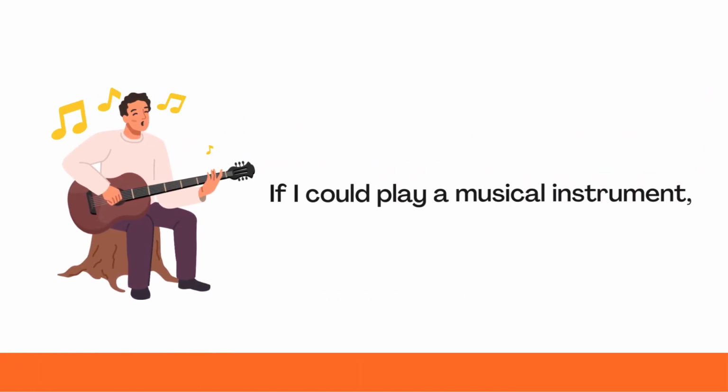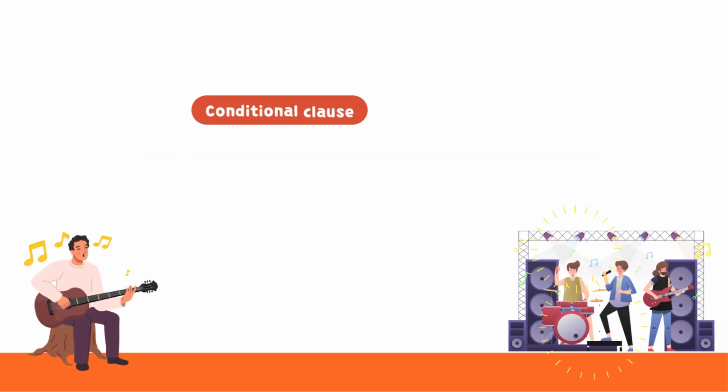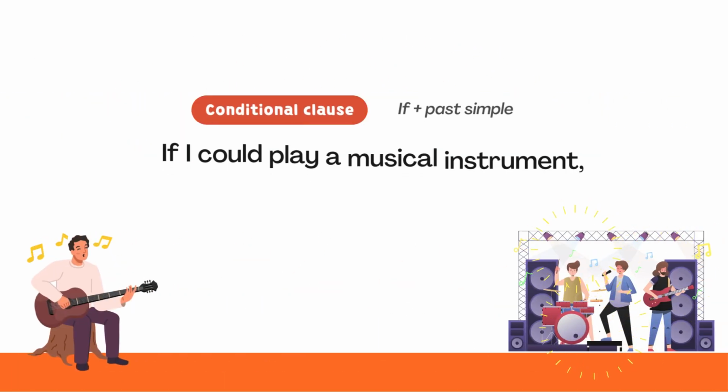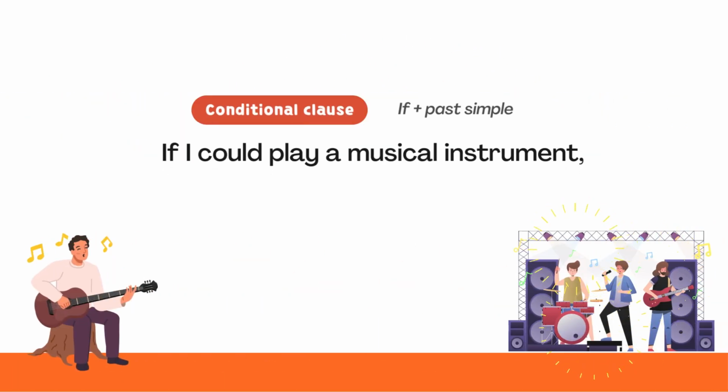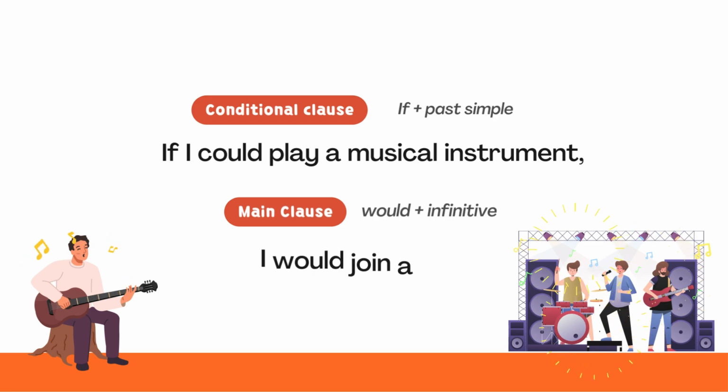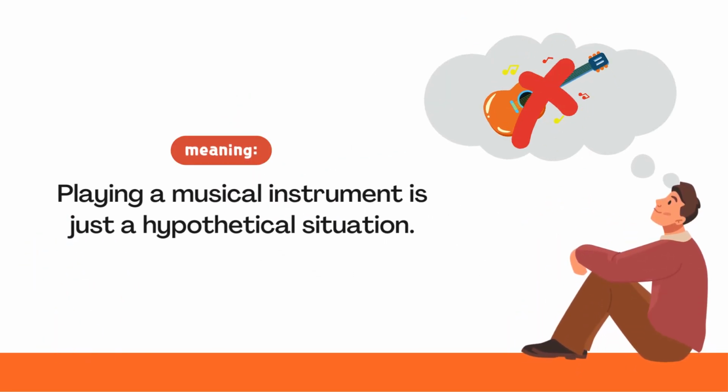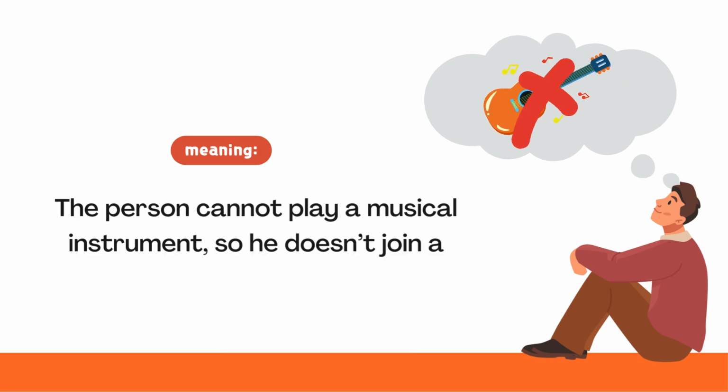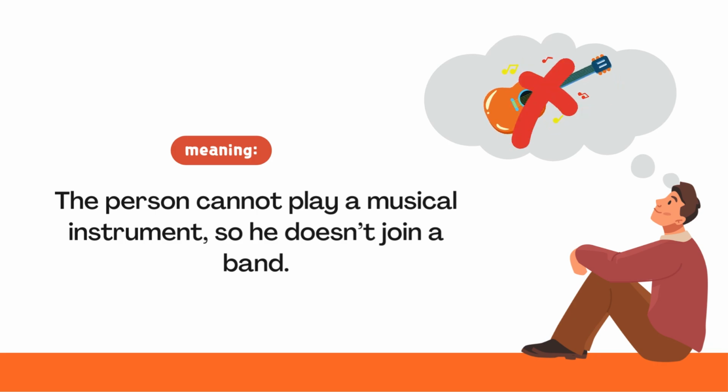If I could play a musical instrument, I would join a band. The conditional clause for this sentence, if I could play a musical instrument, and the main clause is I would join a band. In this example, playing a musical instrument is just a hypothetical situation. It means that the person cannot play a musical instrument, thus he doesn't join a band.